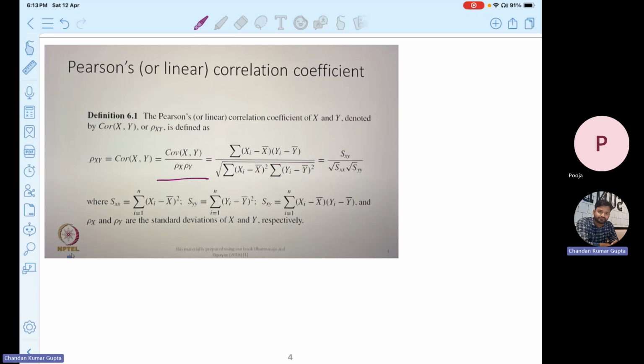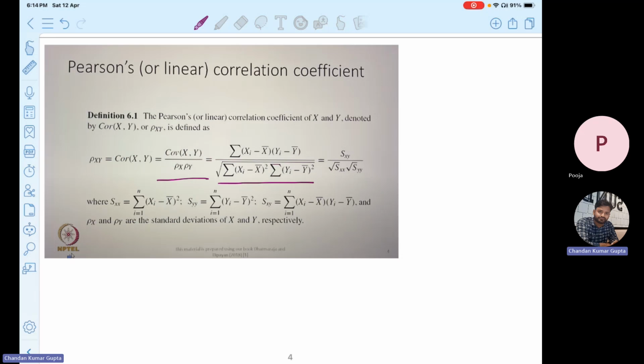Once you put in the values, covariance of xy is the summation of xi minus x bar multiplied by yi minus y bar, and the denominator is the square root of the summation of xi minus x bar whole squared times the summation of yi minus y bar whole squared, with 1 by n in both. After simplification, this is the formula for the Pearson correlation coefficient.